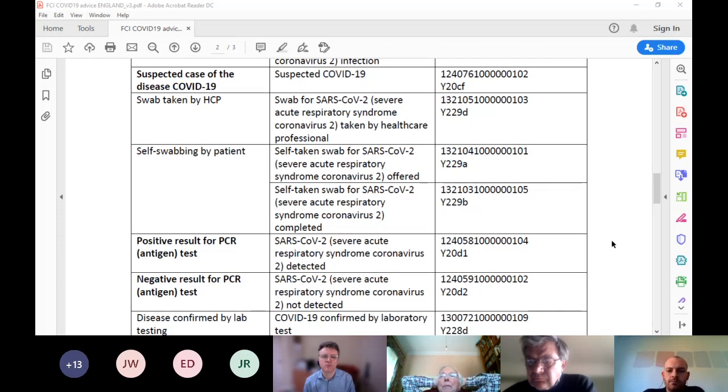I am awaiting a response from NHS Digital as to whether they have asked the GPIT suppliers to produce searches or audits, depending on what you call them in your system, that would help GPs to facilitate identifying people who they think should be on the shielded list.